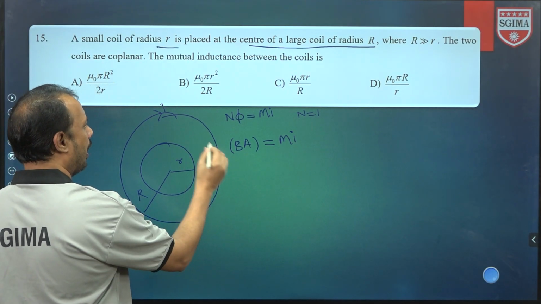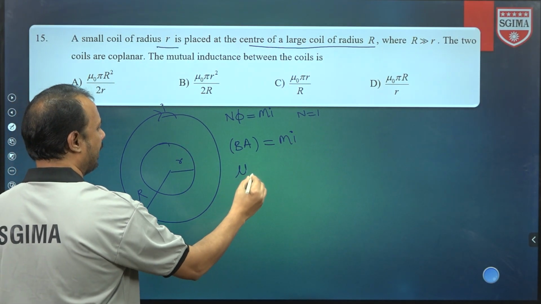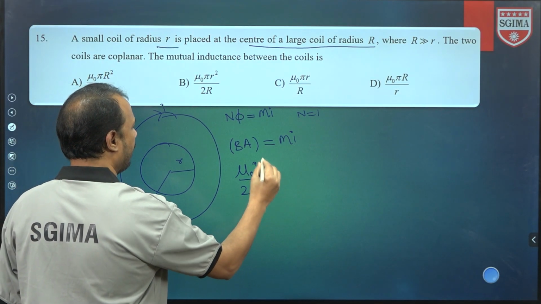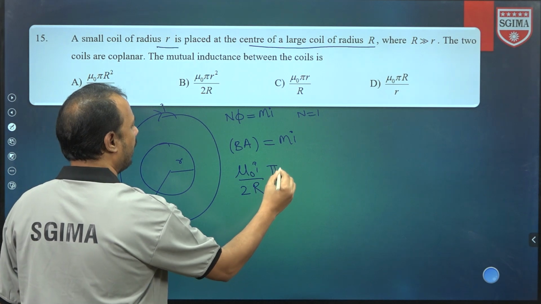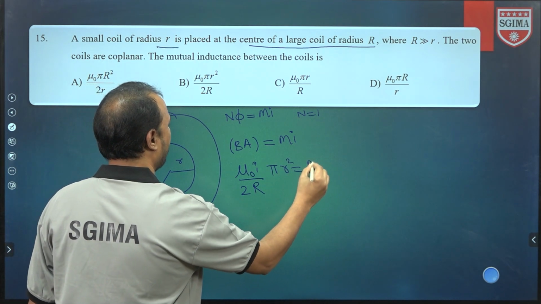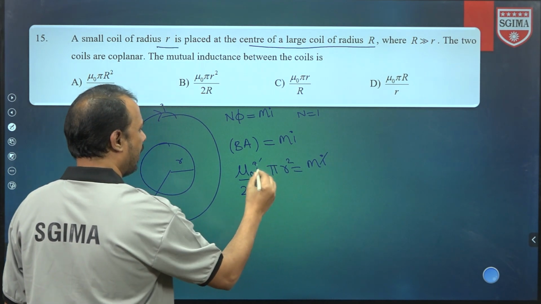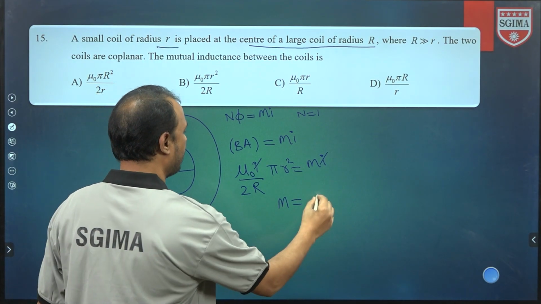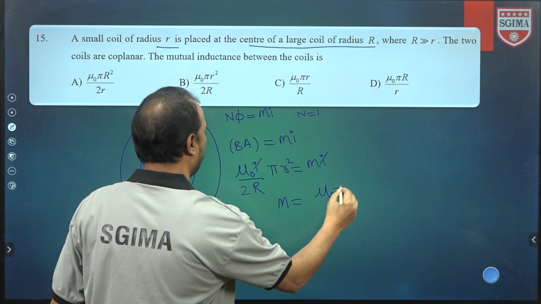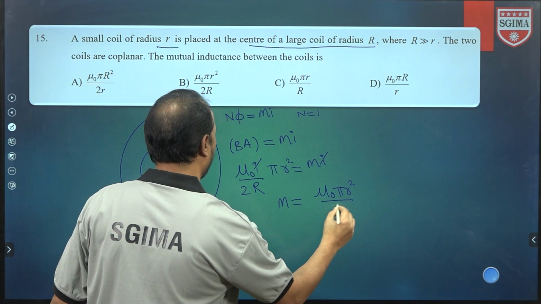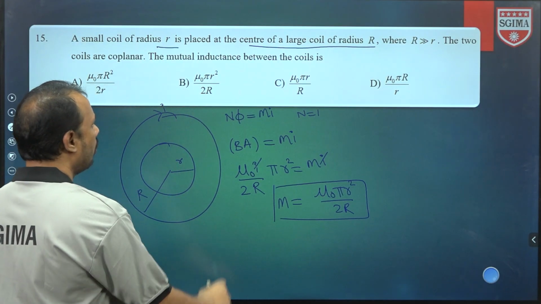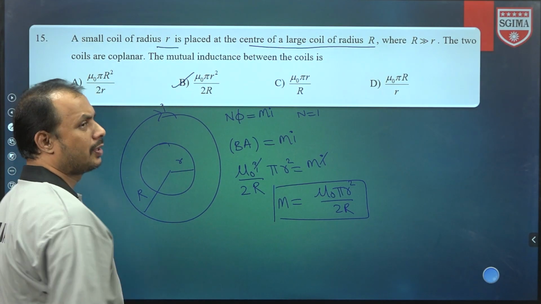Due to the larger coil, a circular coil, the field is written as mu naught I by 2R, and the area of the smaller coil is pi r square, equals MI. So, with the current cancelling, the mutual inductance between these two coils is written as mu naught pi r square by 2R. So, mu naught pi r square by 2R is our second option.